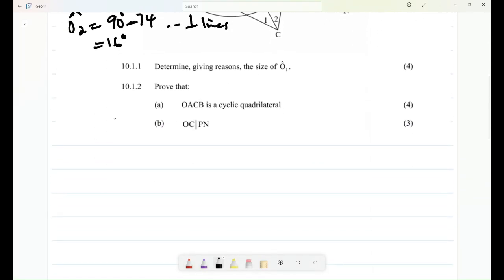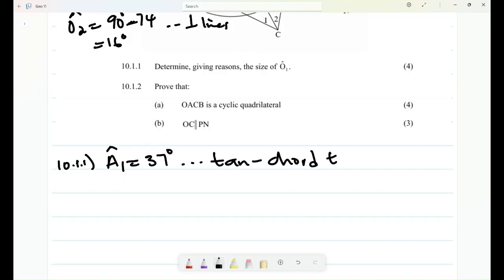When we answer, we're going to say 10.1.1. Start first by finding angle A1. We say it is equal to 37 degrees. Why are we saying that? Tan-chord theorem. All right, but we know that angle O1 is twice angle A1, which in this case is 74 degrees.